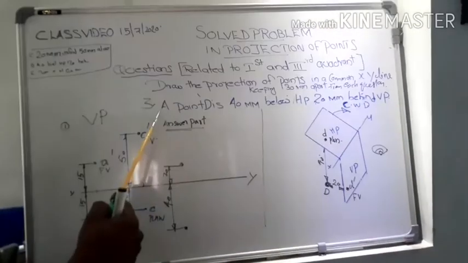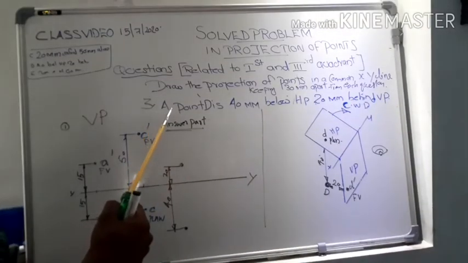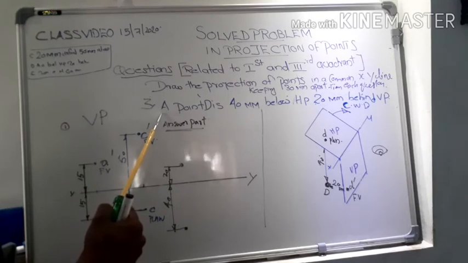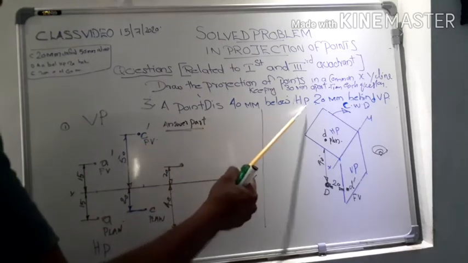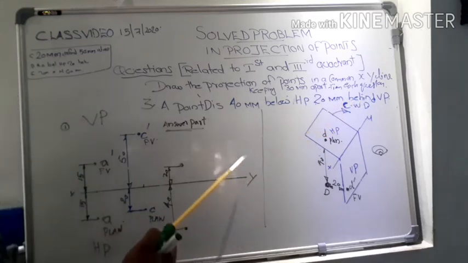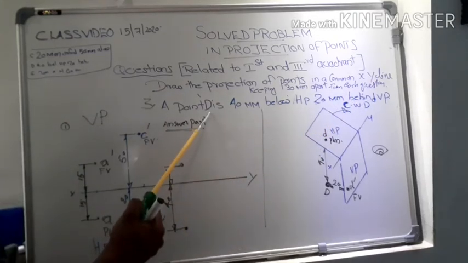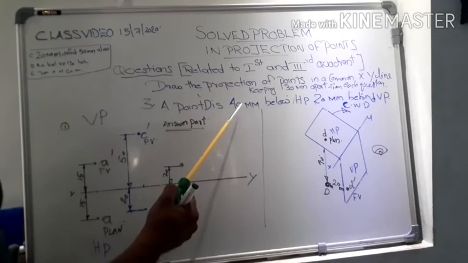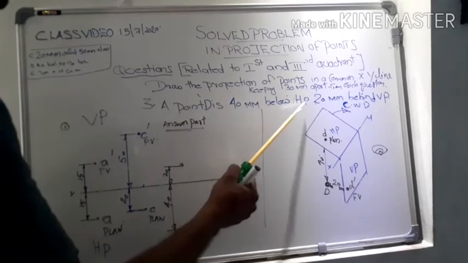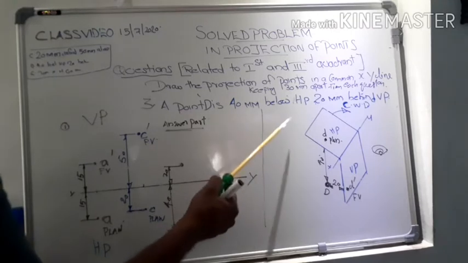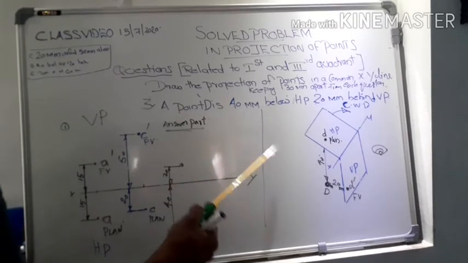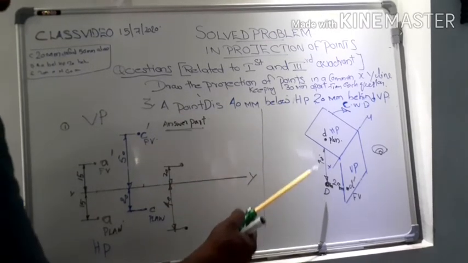Now we have to discuss another question, that is the third question. In our third question, a point D is 40 mm below HP and 20 mm behind VP. Our point D is fixed 40 mm below HP and 20 mm behind VP. From this hint, we can understand our point D is situated in the third quadrant.